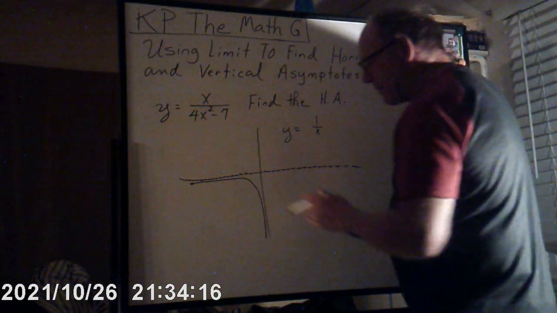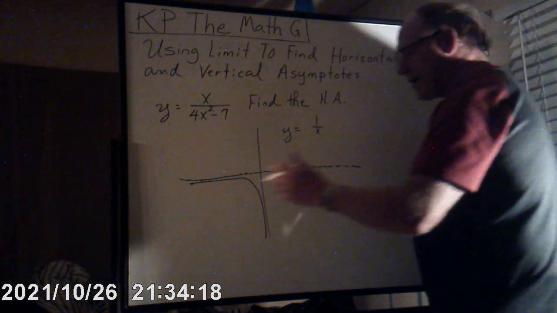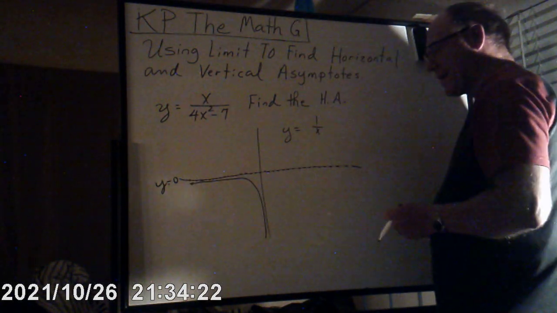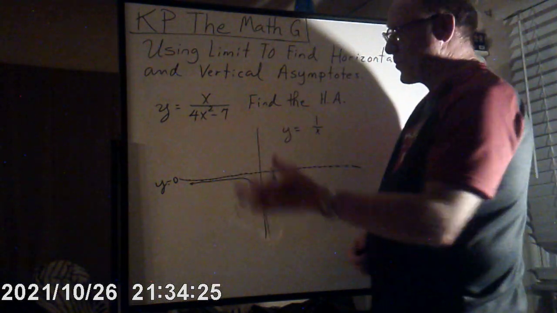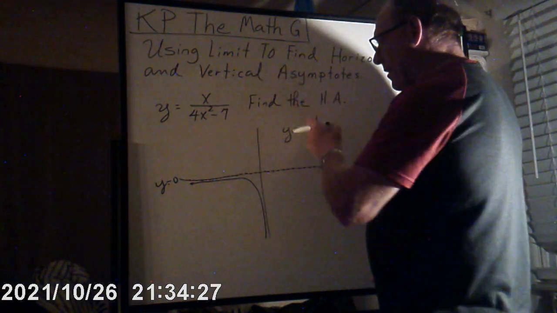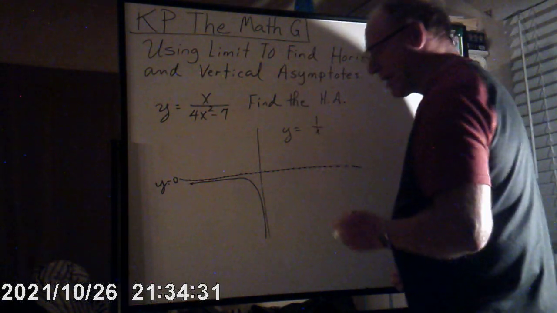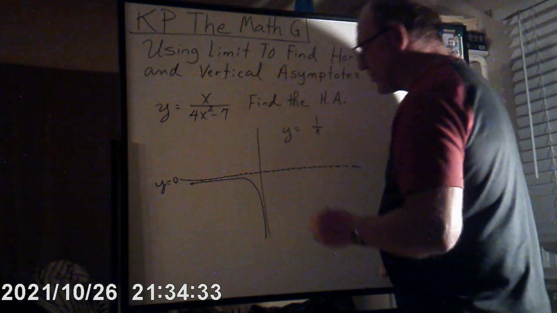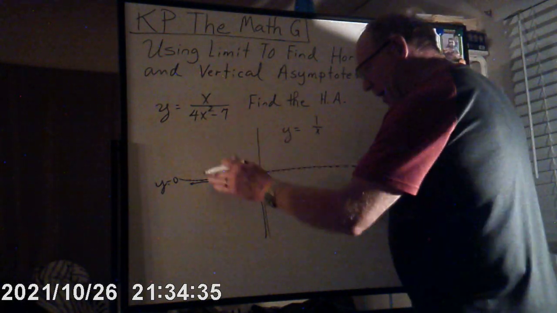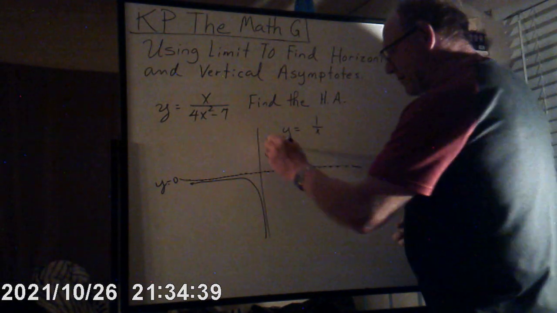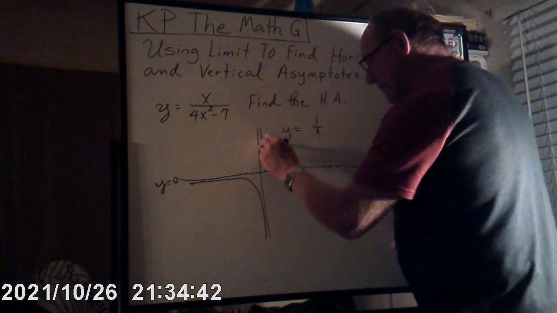This is at y equals 0, which is the same thing as the x-axis. We say y equals for the horizontal asymptote, x equals for the vertical asymptote. And an asymptote is just a boundary line. We don't see it on a graph, but the graph will reveal it.